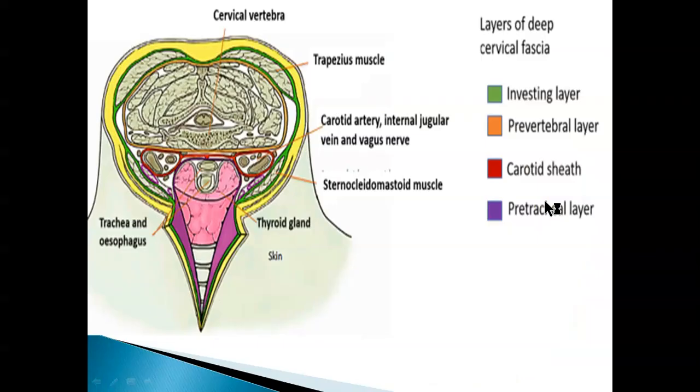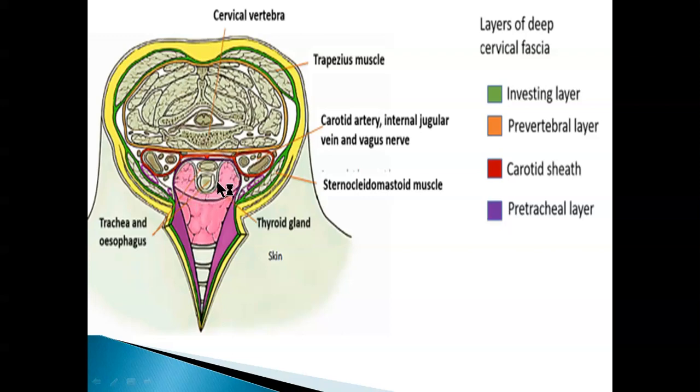Again, in this image, we can see this is the anterior view cross section over here. We have your trachea, we have your esophagus, we have your thyroid gland. This one is your pretracheal fascia over here, like this.